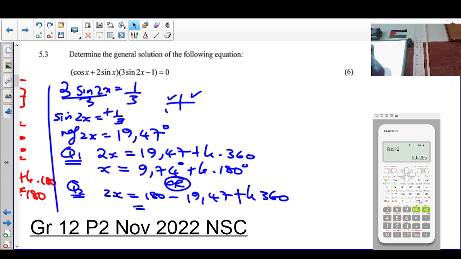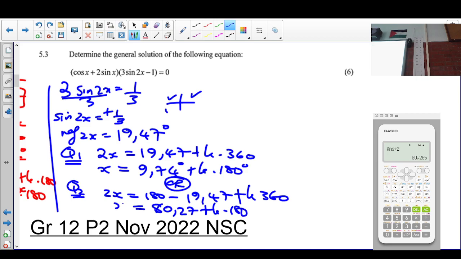Gives you 80,265, so it's 80,27 plus k times 180. And don't forget to add, k is an element of integers.